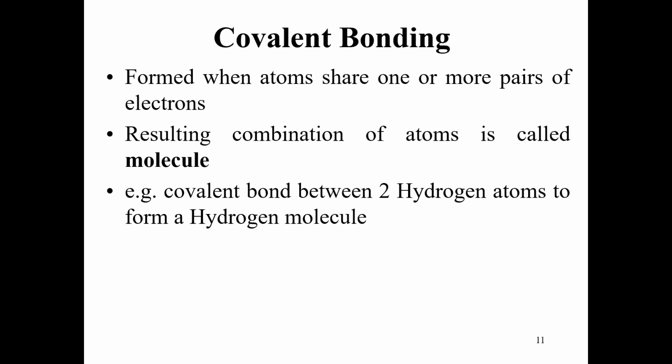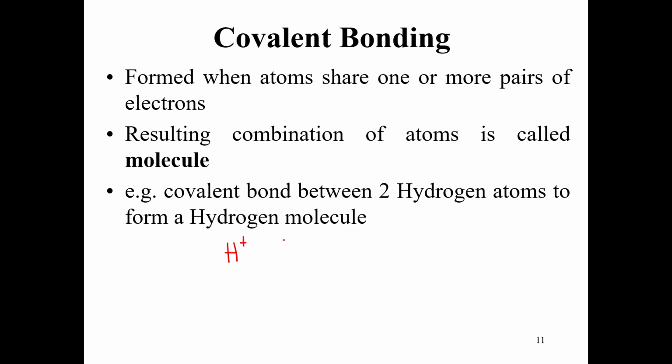So covalent bonds between two hydrogen atoms form a hydrogen molecule. Okay, so I would like to explain why two hydrogen atoms form a hydrogen molecule. So hydrogen has an atomic number of 1. Plain hydrogen is positively charged.